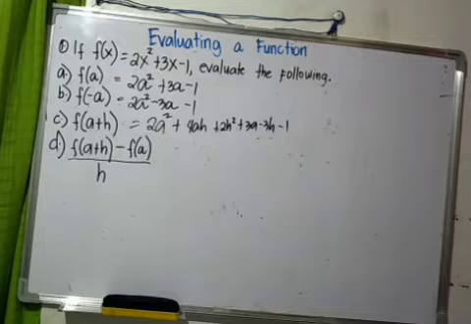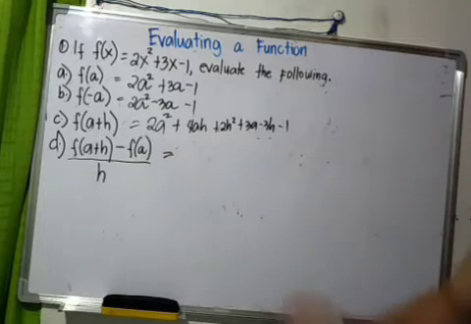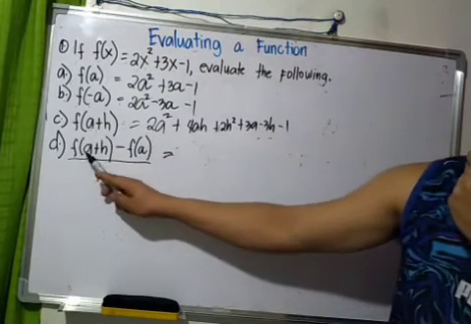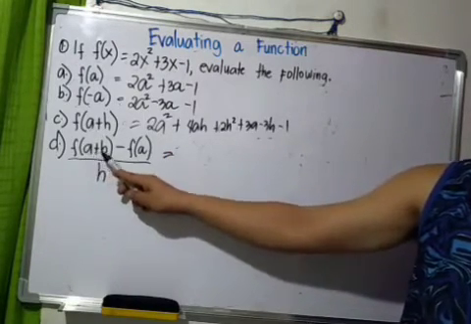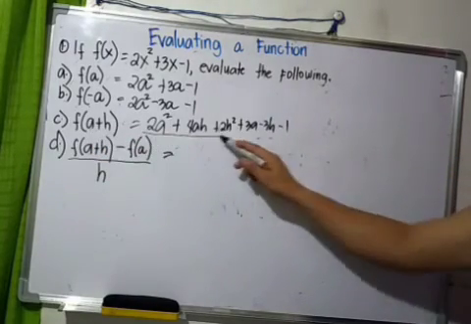Okay, let's proceed to letter D. So letter D, ito, so F times the quantity of A plus H, that is for letter C. So ito na yung equivalent niya.